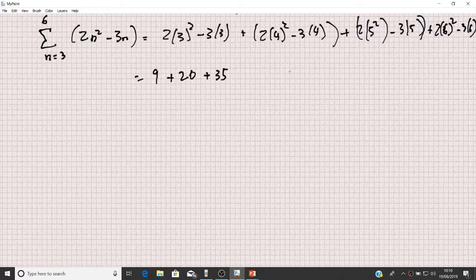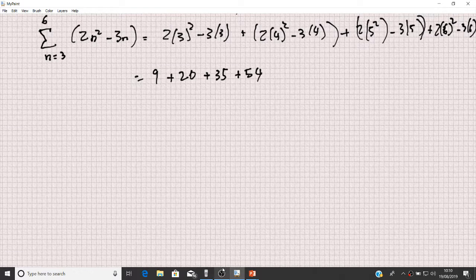And the last term, we've 6 squared is 36, 2 times 36 is 72, minus 18 is 54.